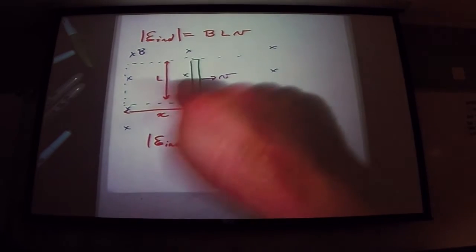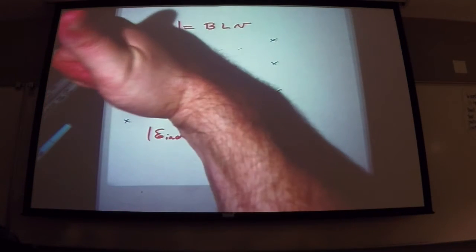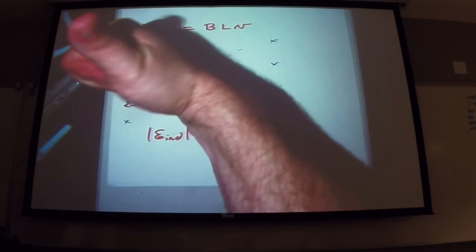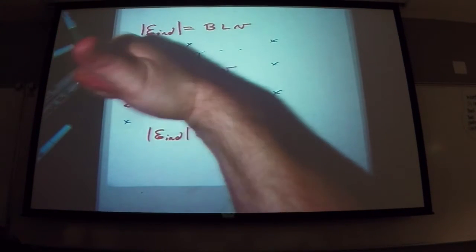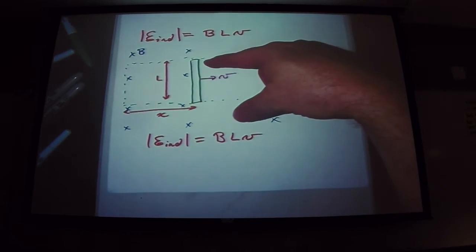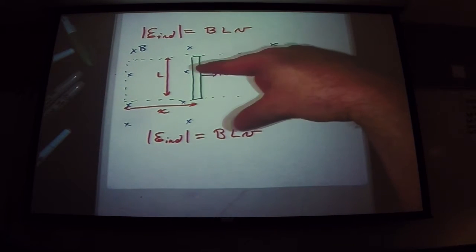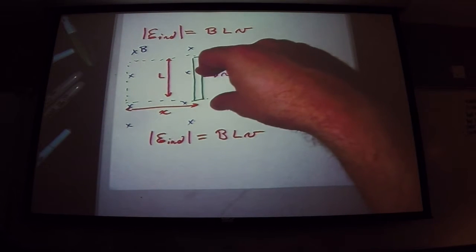Increasing flux in means that I want to make flux out, by making the imaginary current counterclockwise, so the sense of the voltage is counterclockwise. In other words, this would be the high voltage end and that would be the low voltage end. That's the induced voltage.